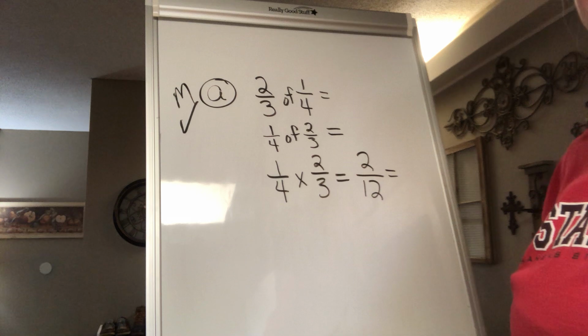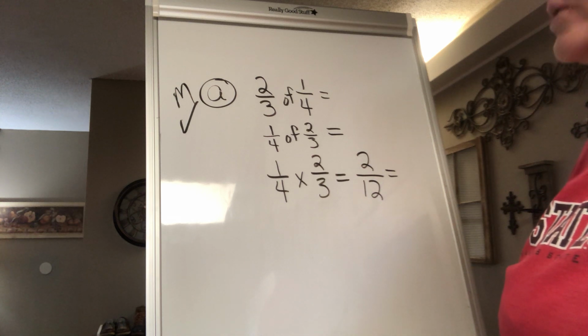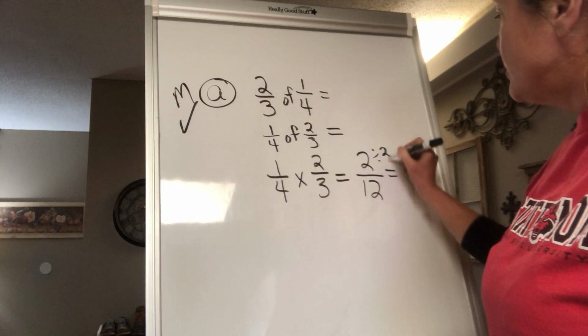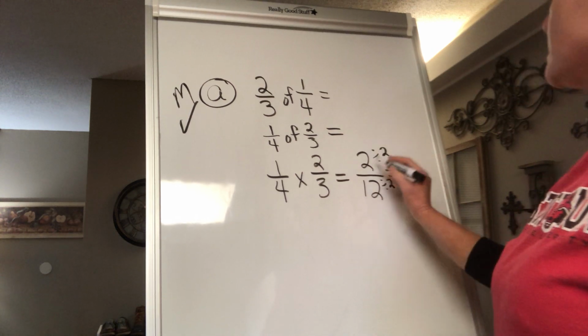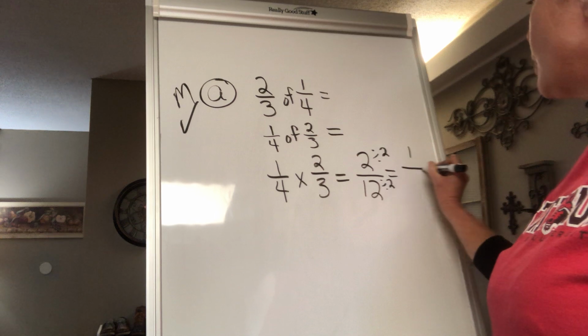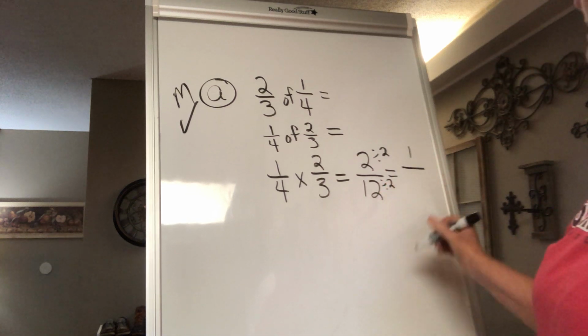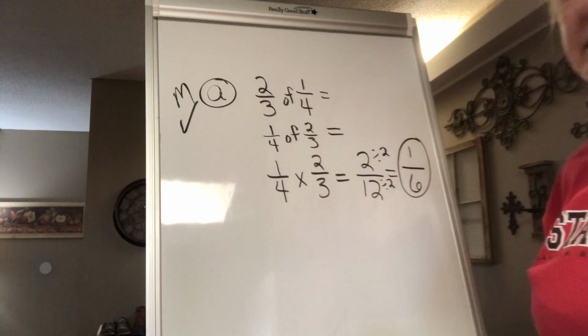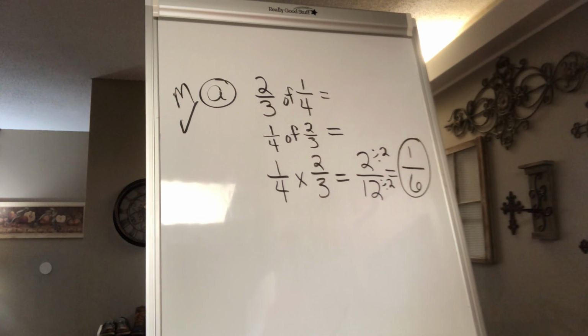If I asked you to simplify it or write your answer in simplest form, both of these are divisible by 2. So 2 divided by 2 is 1. 12 divided by 2 is 6. So 1/6 of the students have short hair and wear glasses.